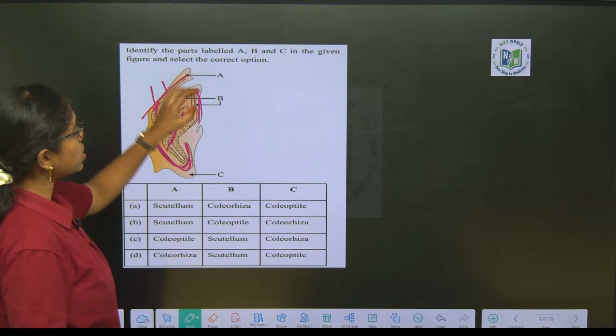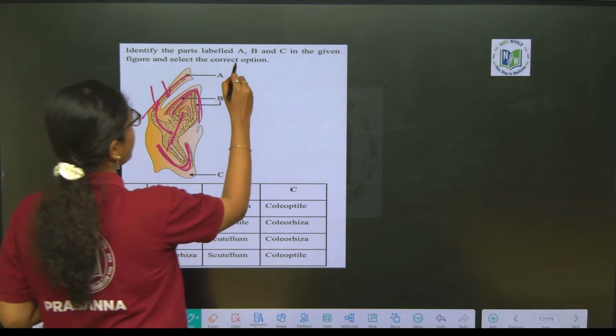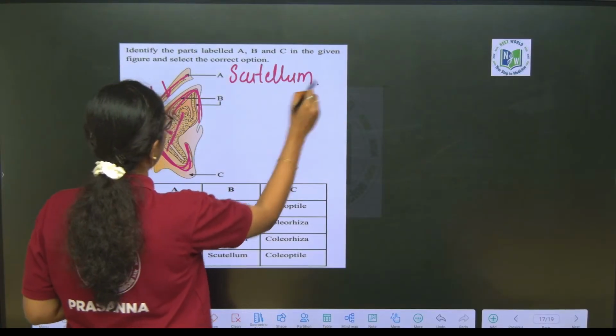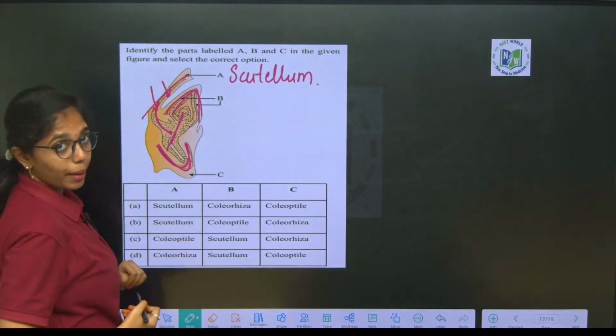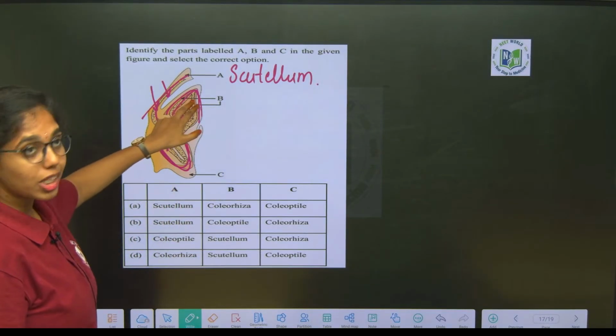So, here this is what? Papery cotyledon or scutellum, and this will be what? Embryonal axis. At the tip of the embryonal axis plumule is present.